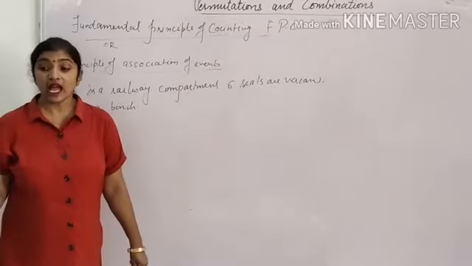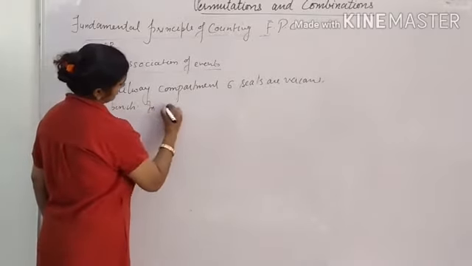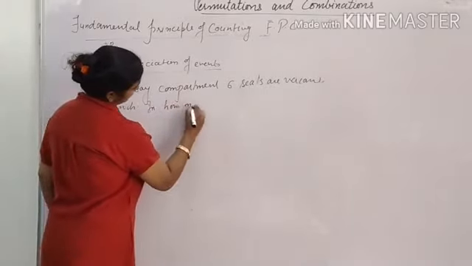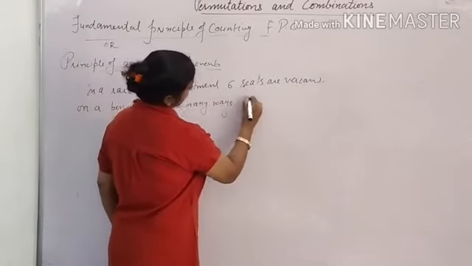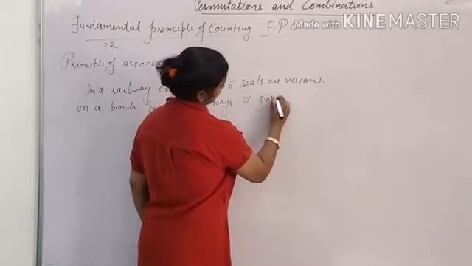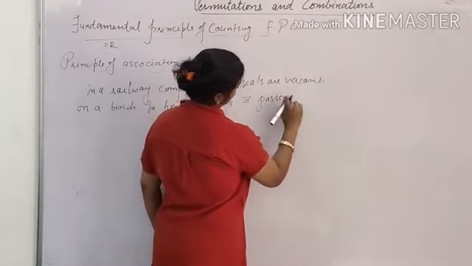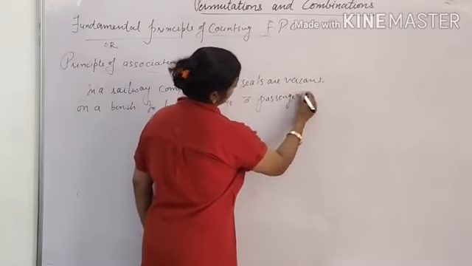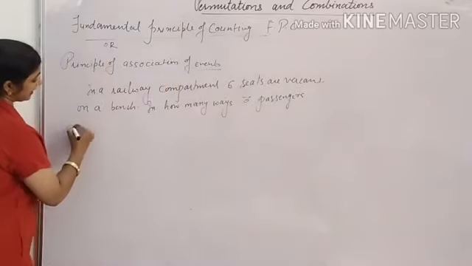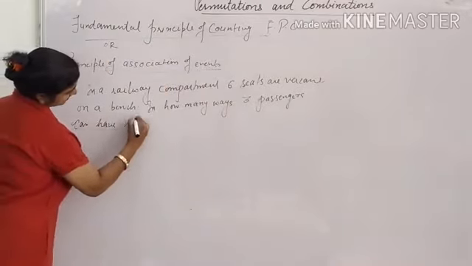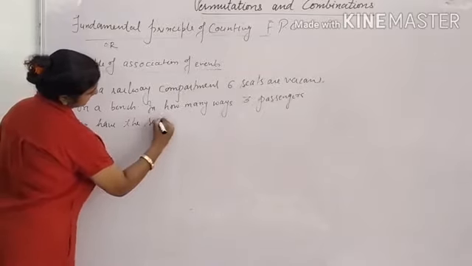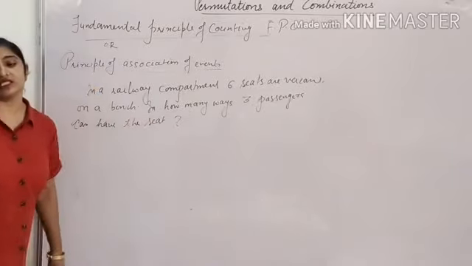In how many ways can three passengers occupy the seats?